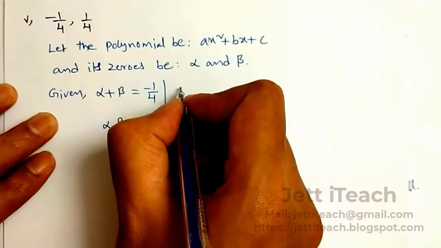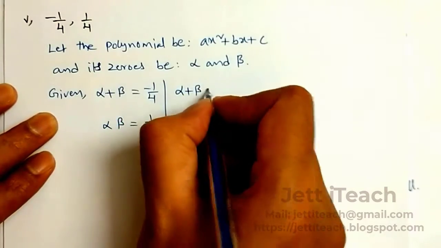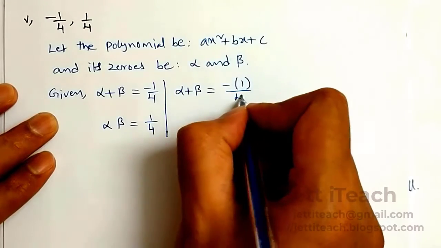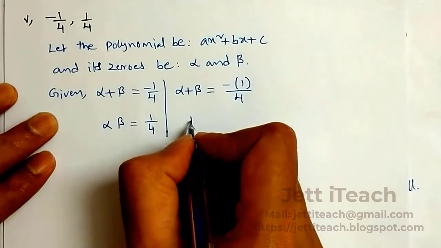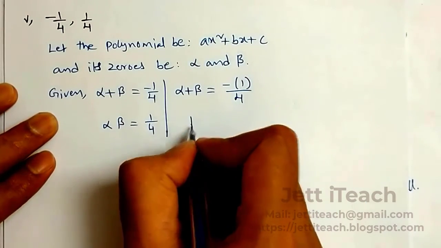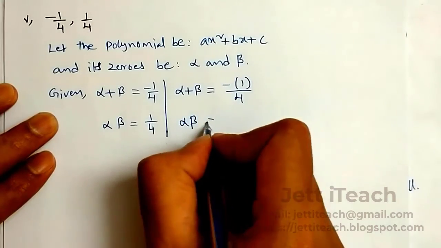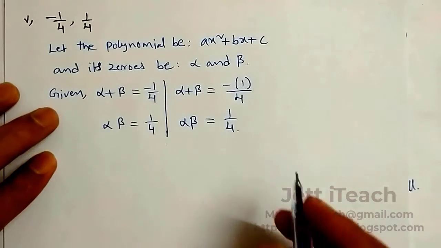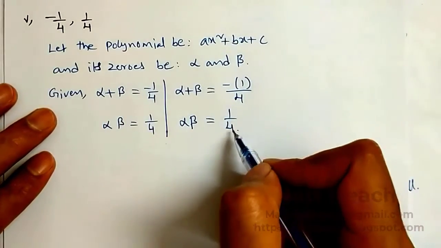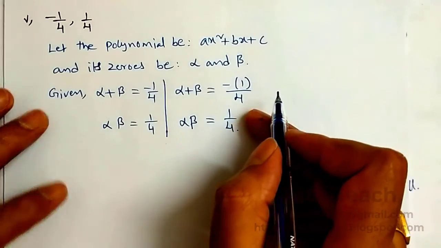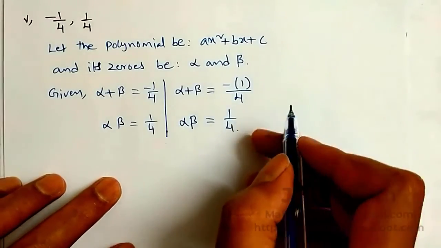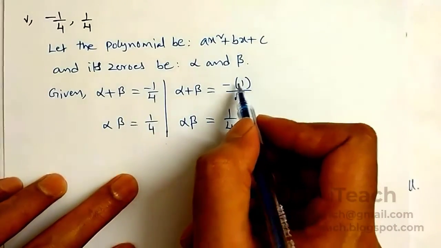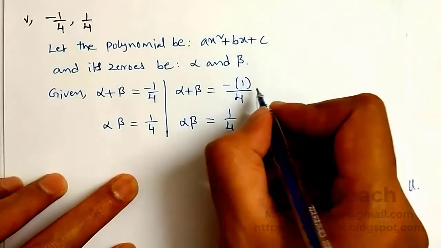From this you can write alpha plus beta equal to minus of 1 by 4, alpha into beta is equal to 1 by 4. If you look at the denominator, it is the same, so you don't need to worry about this one. The numerator we have minus 1 here, so I wrote it outside the bracket.